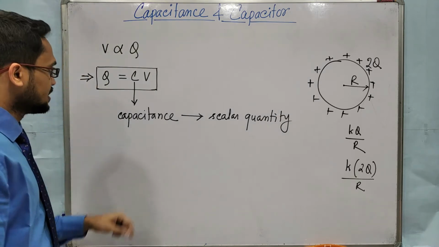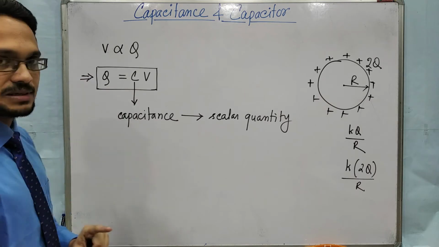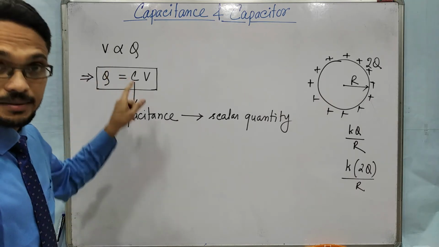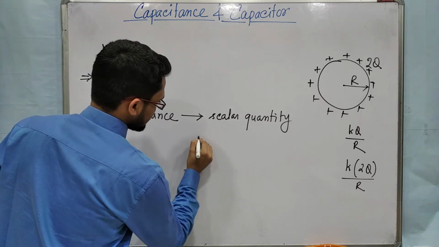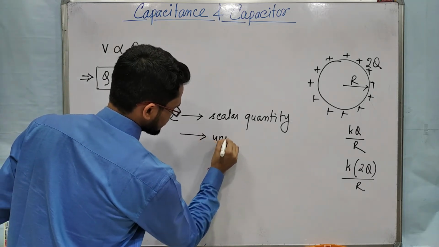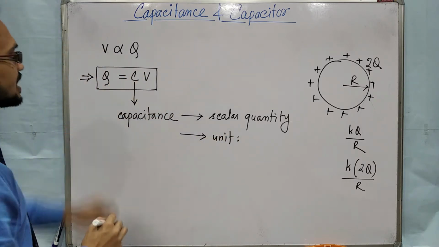From this equation you can find the unit of capacitance and the dimension of capacitance. First, the unit.